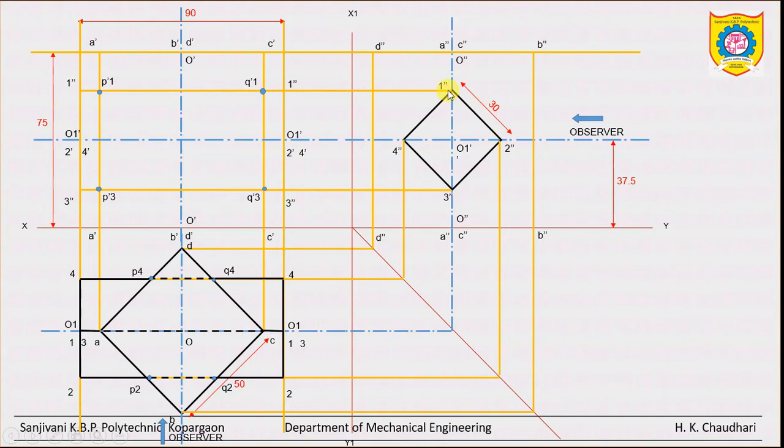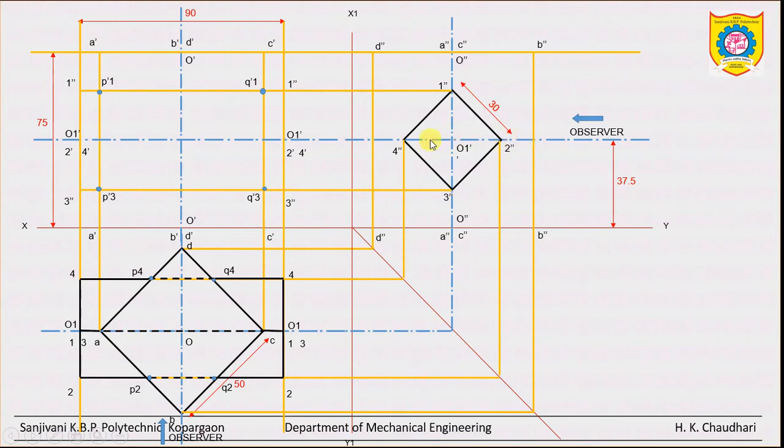Now to locate the other points, because when we observe this intersection from this side, the front side, 1 dash, 1 double dash and 2 double dash will be the front part. Clear? 2 dash and 3 double dash, that is the bottom part, and this is the top part. Clear? So now our aim is to locate points P2 and Q2, correct?